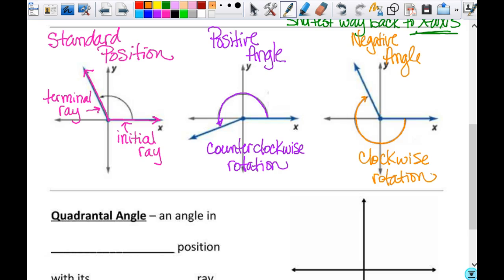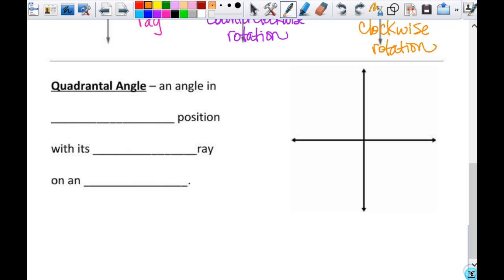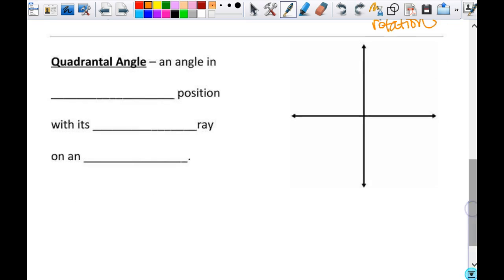All right, so then we've got a quadrantal angle, which my guess is probably a new term. If I ask you about quadrants, here's my x and y axis. Which quadrant is this? 2. Good, because we start here: 1, 2, 3, 4.